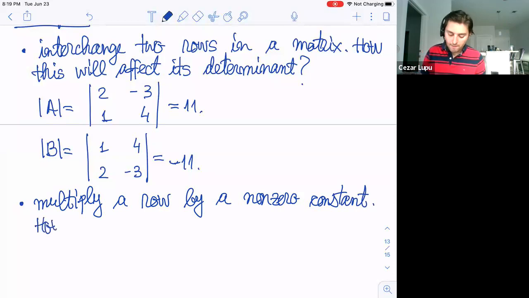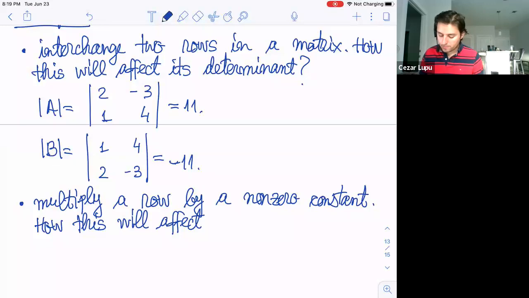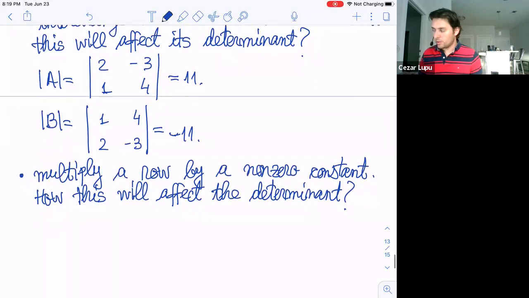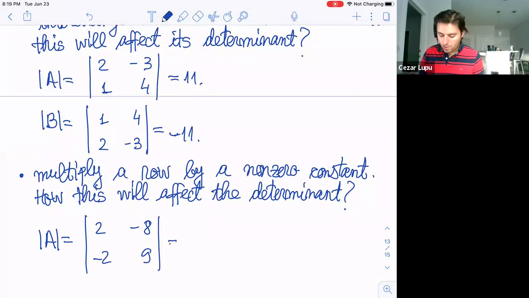How this will affect the determinant. Okay, let me give you an example. Let me take the determinant of this matrix. Again, a 2 by 2, 2, -8, -2, and 9. Okay, what is the value of this determinant?